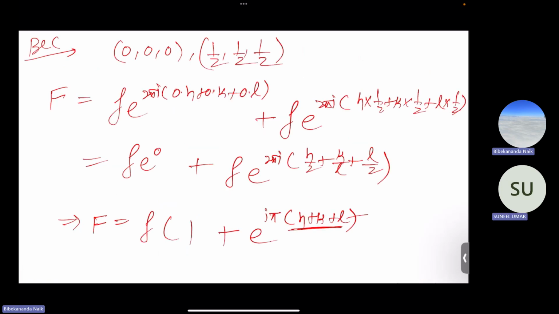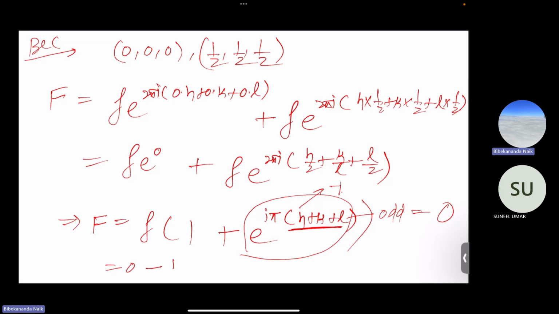So if h plus k plus l is odd, then this value will be minus 1, and 1 minus 1 gives you 0. So F will become 0 for h plus k plus l equal to odd.